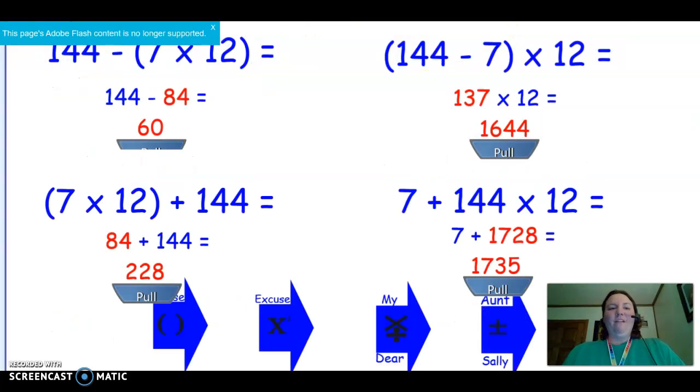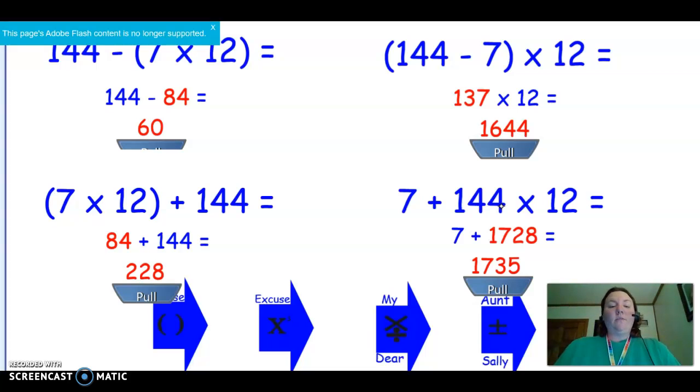Welcome back, everyone. Hopefully you were able to write down these 4 practice problems. You should have noticed something similar about them. They all deal with the same 3 numbers in their original problem. Every single one of these problems has the numbers 7, 144, and 12 in them.